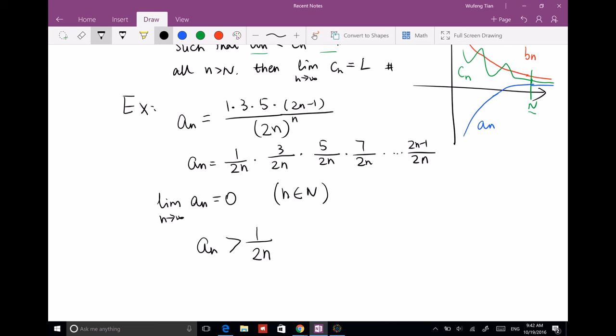Well, we just compare a_n and 1 over 2n, and we're not considering n going to infinity, because then both would go to the same place. Now we just compare a_n, which is 1 over 2n times 3 over 2n times continue up to (2n minus 1) over 2n, with 1 over 2n.